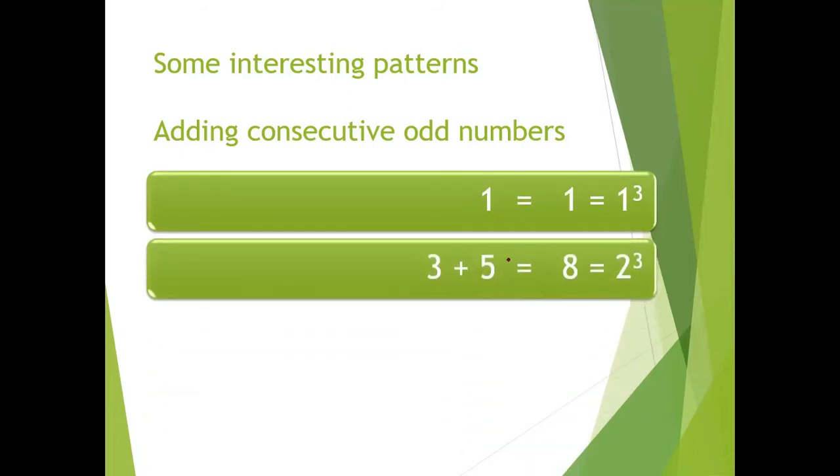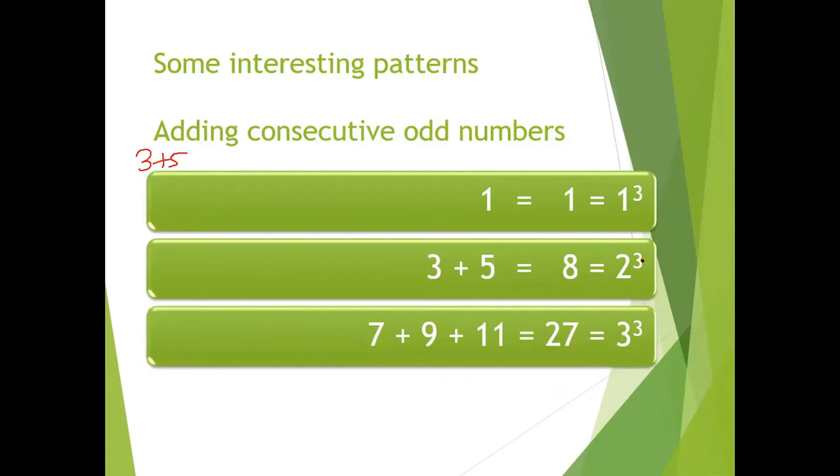Now adding the next consecutive odd numbers, 3 plus 5 gives us 8. 8 is the cube of 2. Now adding the next 3 consecutive numbers, 7, 9 and 11, gives us 27. That is 3 cube.